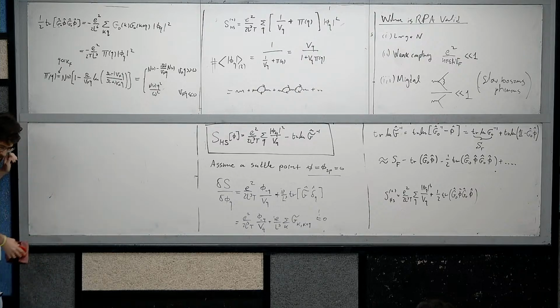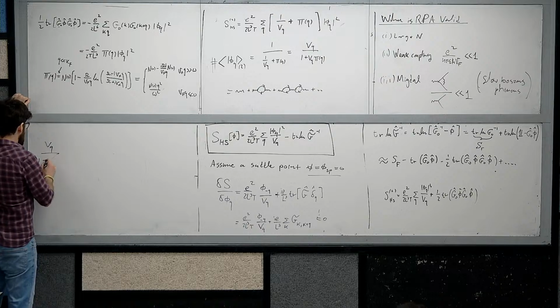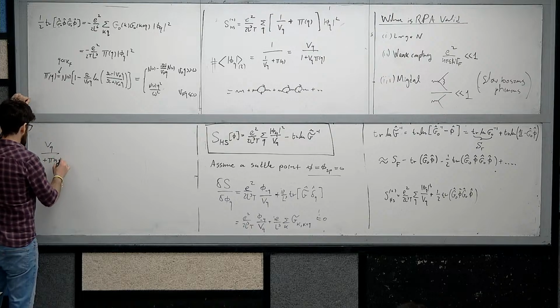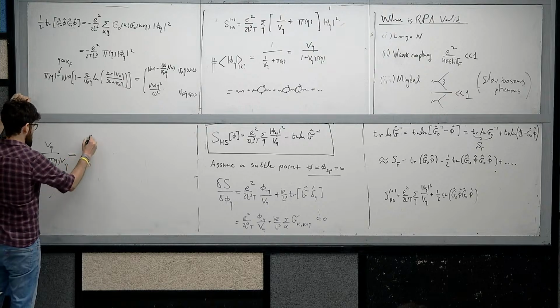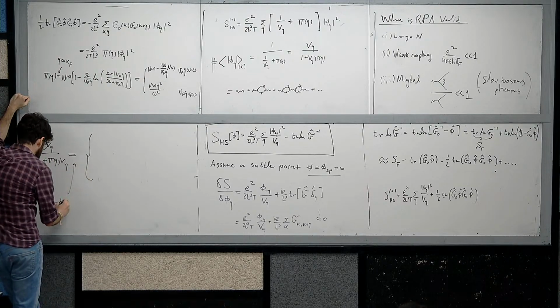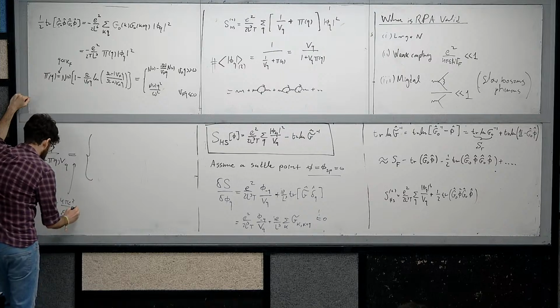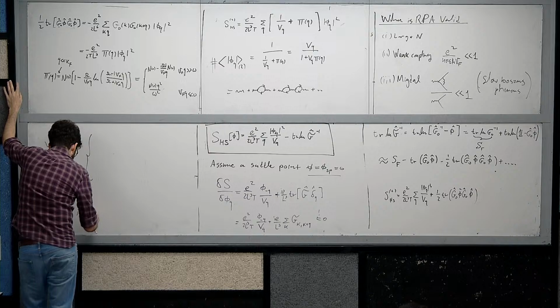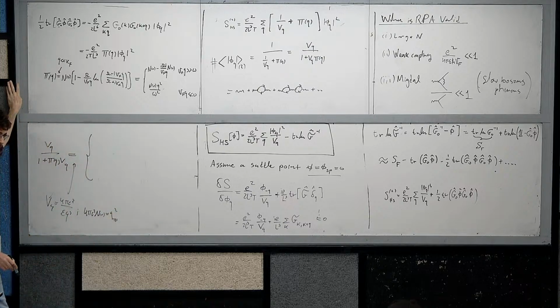So I just want to point out that V(q)/(1 + Π(q)V(q)), if we remember that V(q) is 4πe² over ε q², and we remember that 4πe² n(0) is q_TF squared, okay?